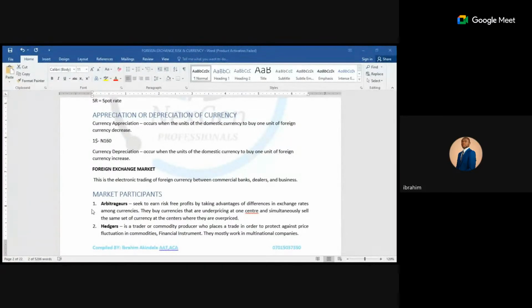I mostly don't use whether it is appreciating or depreciating, but most times in international investments we make use of currency depreciation, because in the question it will be given to you that the spot rate will depreciate by 5%, or you need to determine the percentage of depreciation as well. You want to embark on a project for 5 years, and the current spot rate is, let me say, 1,500. You need to determine the future rate.